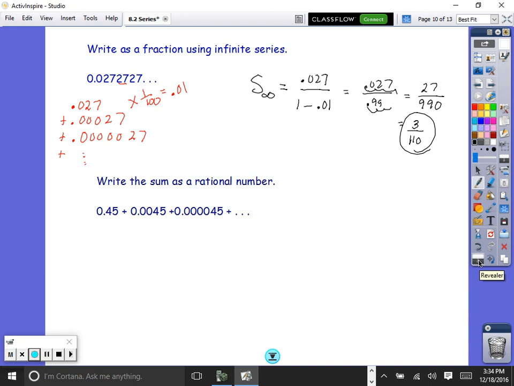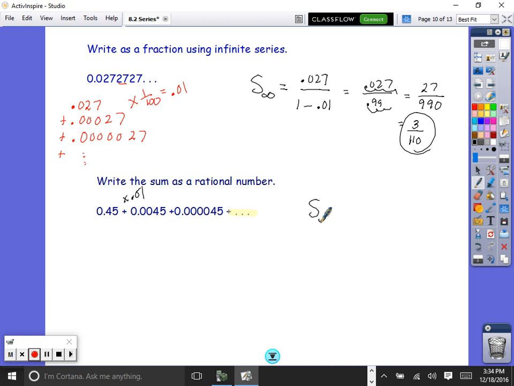Here's another one. I've already got this one written out because I have 45. Took those 2 places, 45, 45, 45. So again, I see it is infinite and it is geometric because I added in 2 decimal places again.